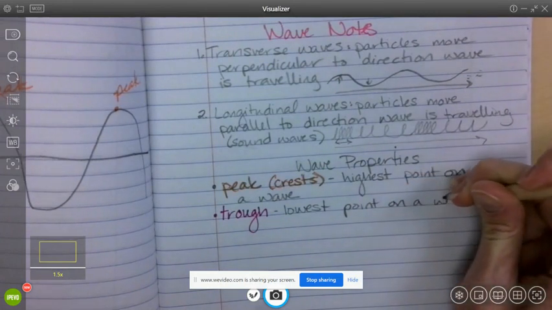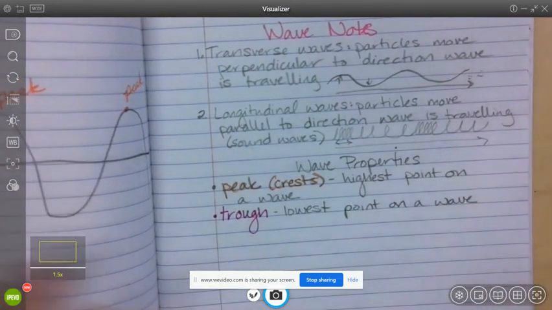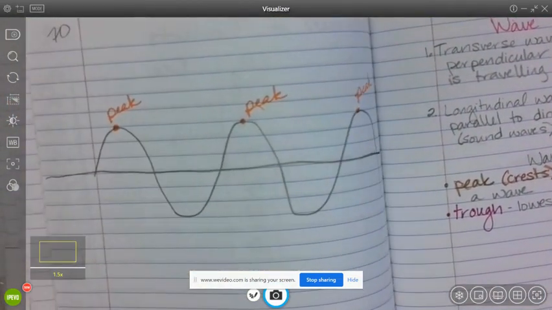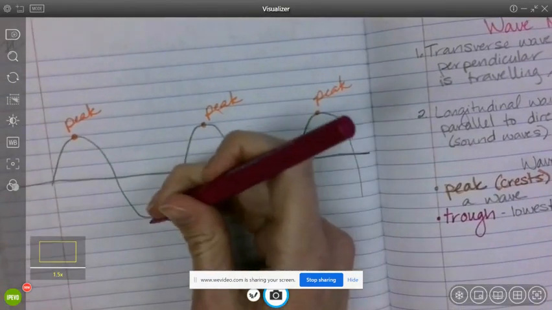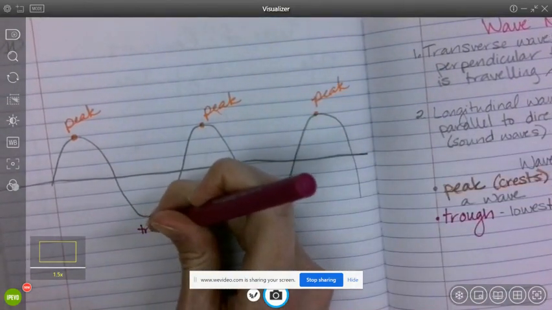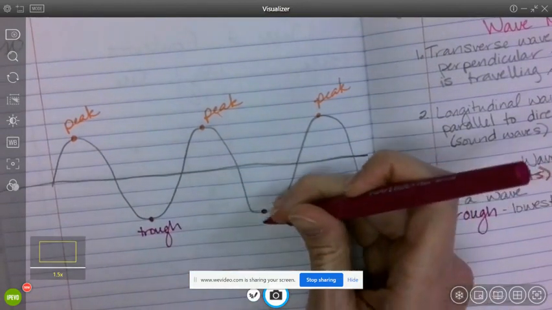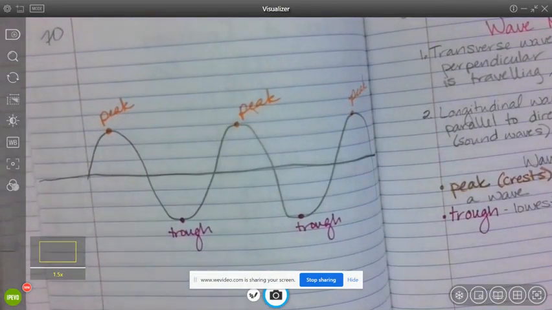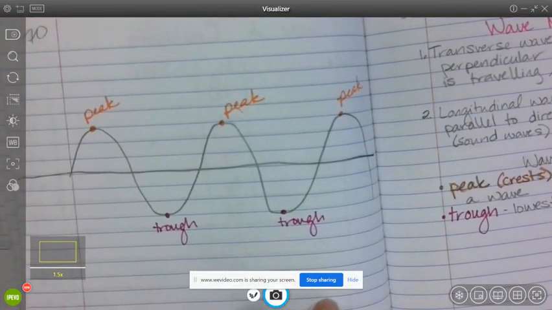And it's shaped like a trough, like what a pig would eat out of. Trough. Okay, so label your troughs on your wave on page 70.